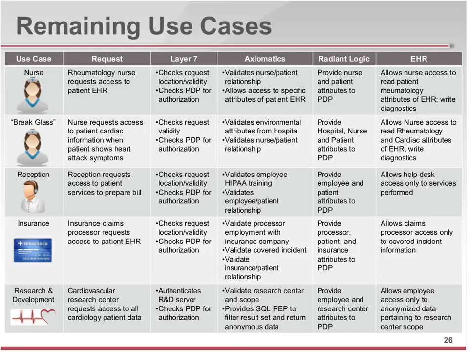But then we've also applied a SQL data level PEP at the Axiomatics level. And that's what's really responsible for filtering out the information that is allowed to be returned back to this particular research organization. Again, just another example of flexibility, another example of our ability to push policy enforcement to various layers in the architecture based on performance, based on what makes sense, based on what is more secure.